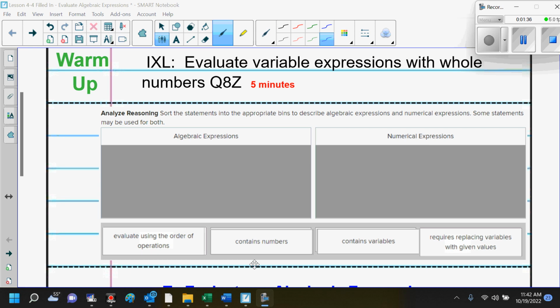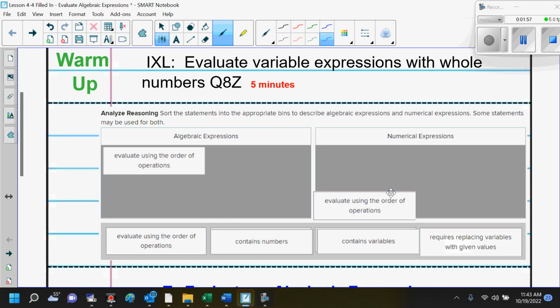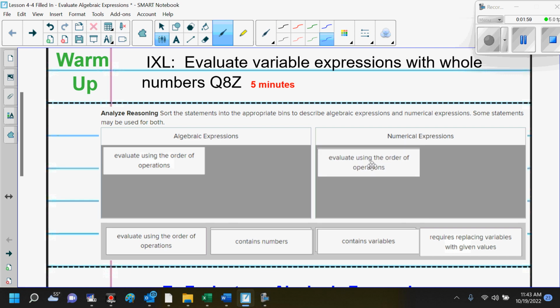So where am I going to put evaluate using order of operations? Does that go in algebraic expressions or numerical expressions? What do you do when you are simplifying? You're going to put that in both, because in order to simplify algebraic and numerical expressions, you have to use your order of operations. Is everybody with me?